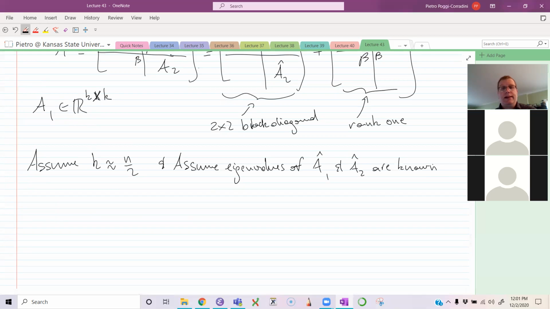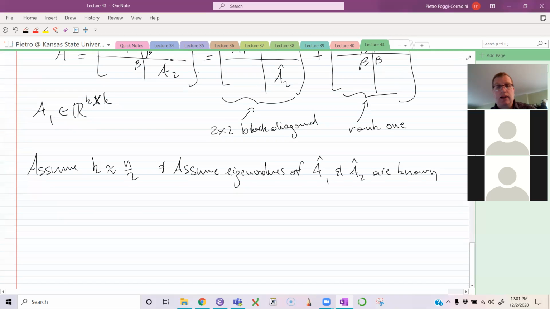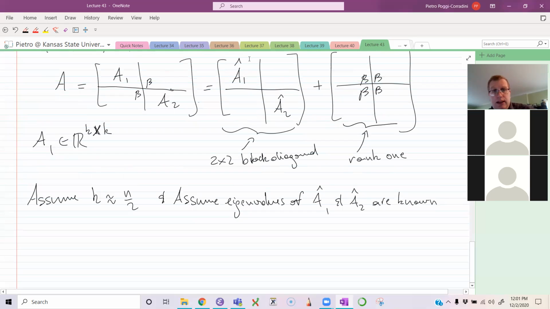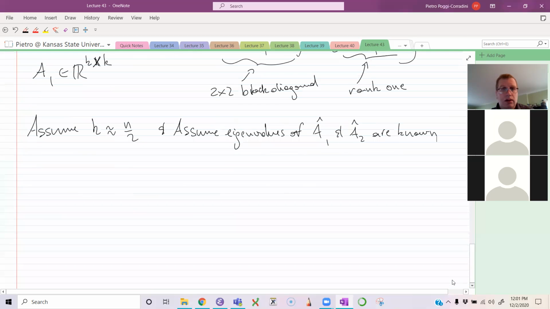We assume that we've already solved the subproblem here and here, because A1 hat and A2 hat have the same exact form as A. They're going to be tridiagonal, with non-zero off diagonal terms, symmetric and all of that, right? So let's assume that we've already solved these two subproblems, and see if we can then solve the overarching problem.